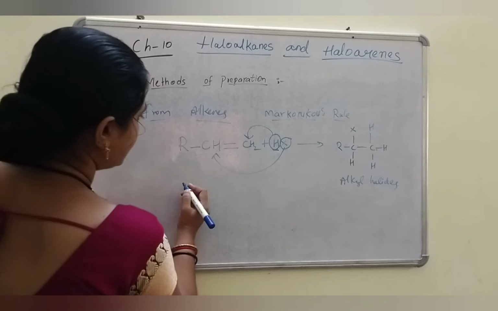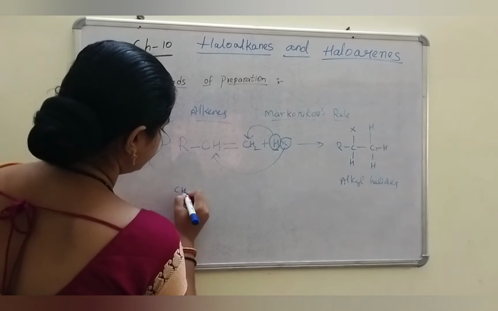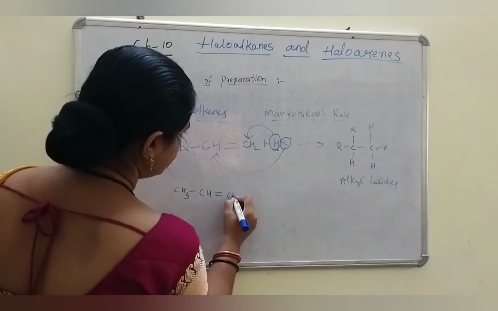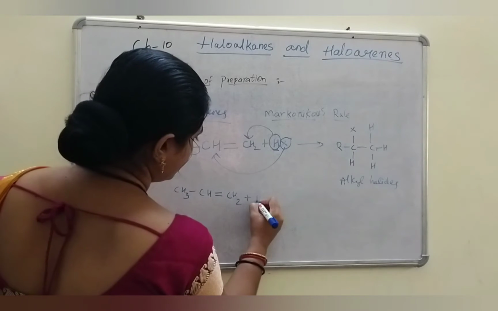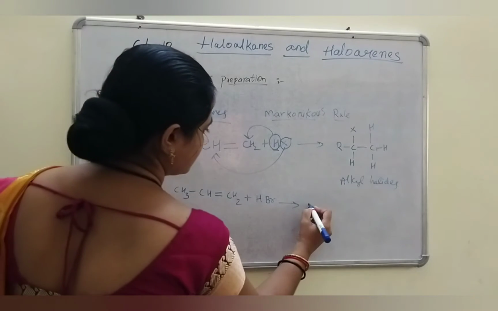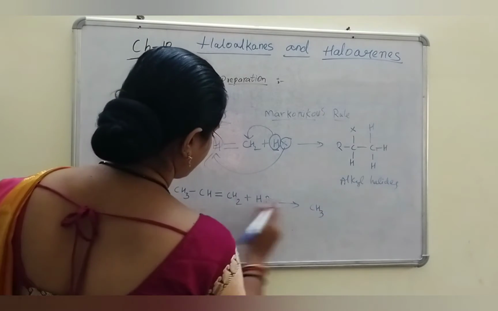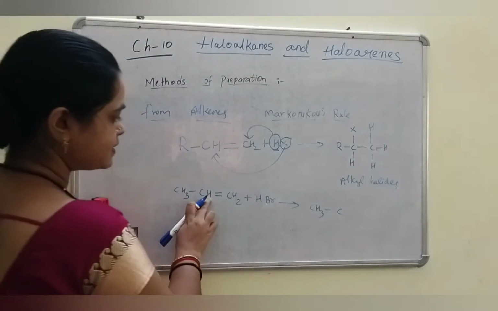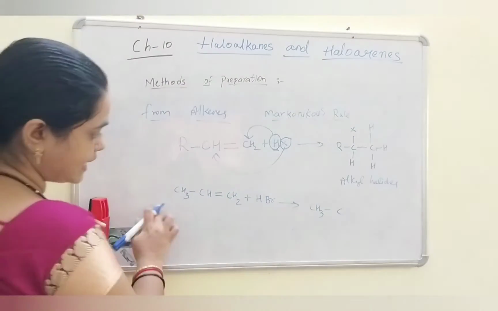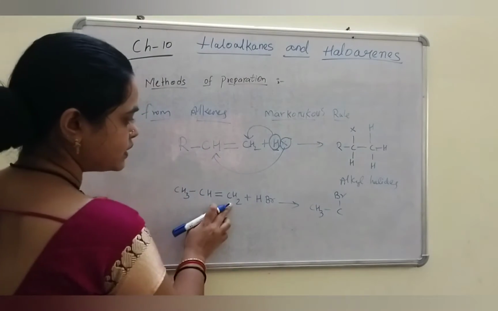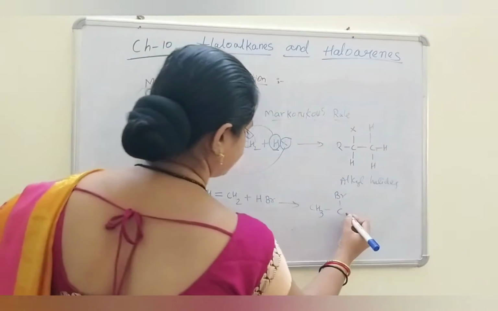Let's take it with an example. CH3-CH=CH2: to this carbon the Br is attached because this carbon has the alkyl group. So to this carbon halogen is attached and to this carbon hydrogen is attached.